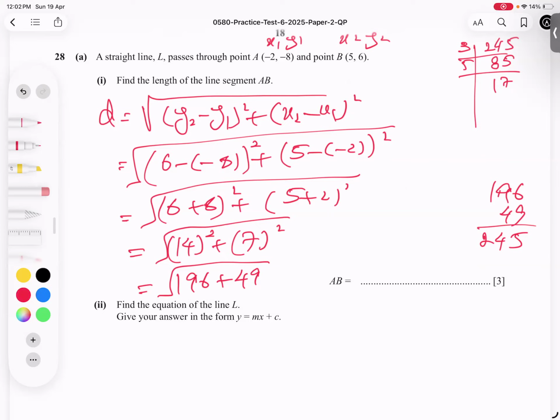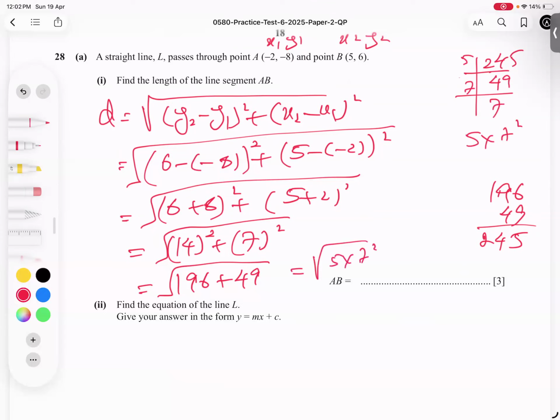Once again, I try. 245, table of 5. 5 fours are 20, 5 nines are 45, and 7 times. So 5 times 7 square, and I'm writing here 5 times 7 square. The square cancels out, 7 will go out and 5 stays inside. I think you got the point.